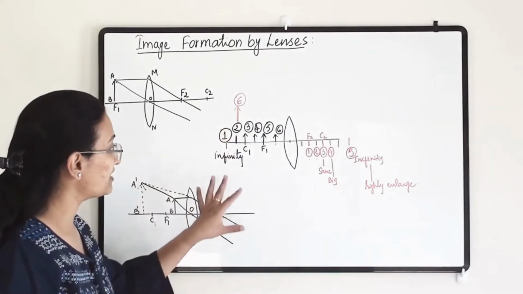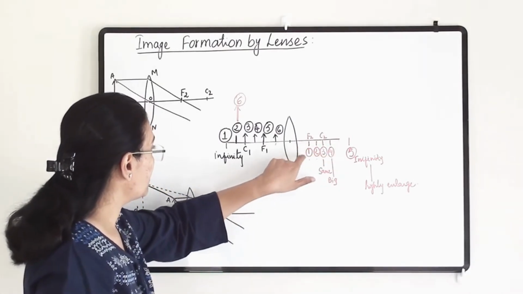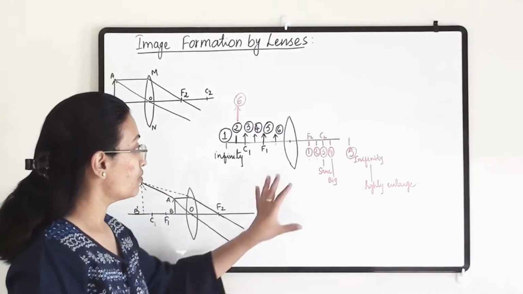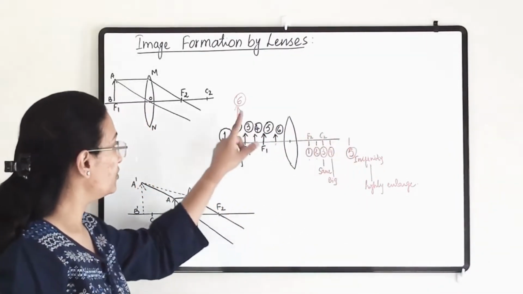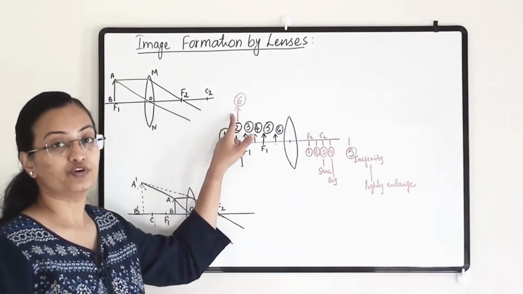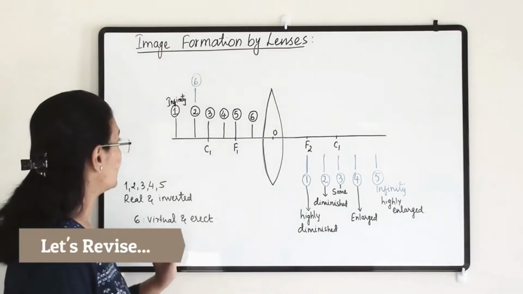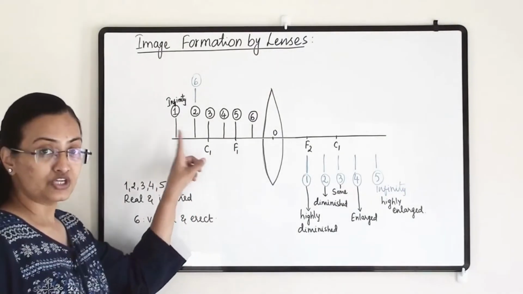So all these are the cases, when we are keeping the object at all these positions, we are getting the images like this. In all of these cases the image is real and inverted, only this one we are getting virtual and erect. So let us understand all the cases like this. All these black numbers suggest the position of the object.